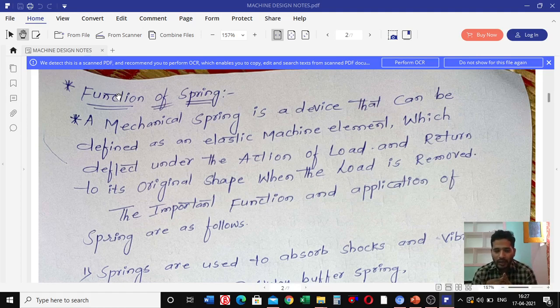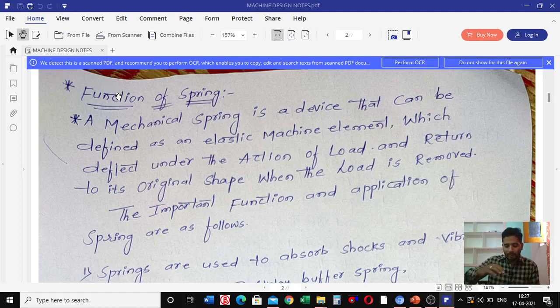In the first point, in the functions of springs, we have studied that a spring is a type of mechanical device, or springs are a type of flexible machine element which deflect under the action of applied load and return to their original shape when the load is removed.